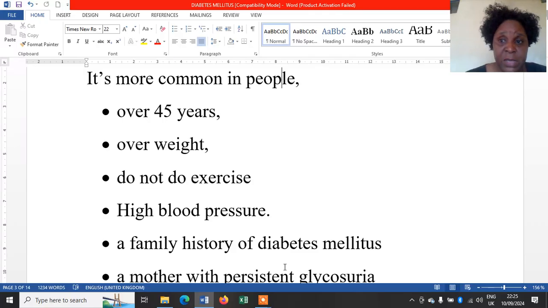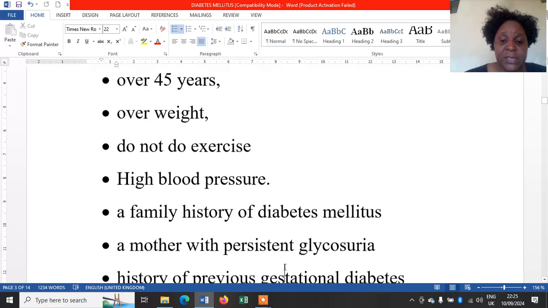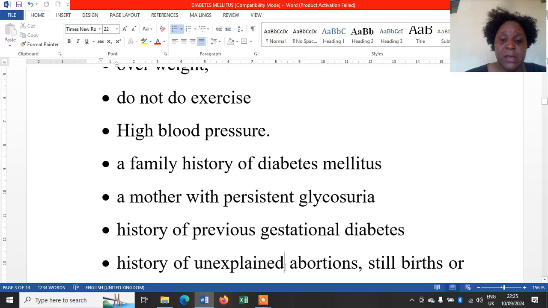in the family. Persistent glycosuria, if this mother reports any history of having gestational diabetes, so this mother is also at risk.